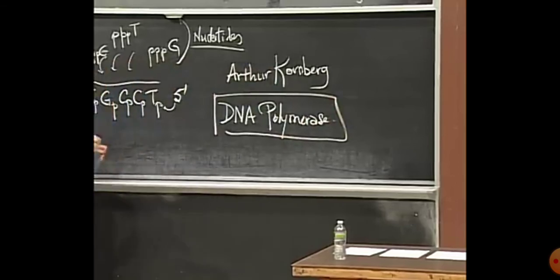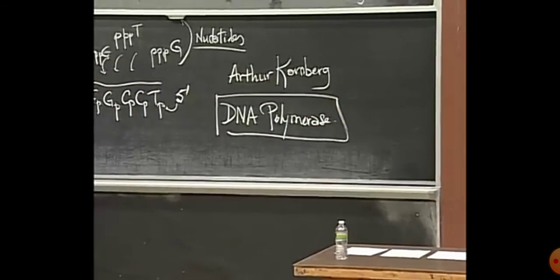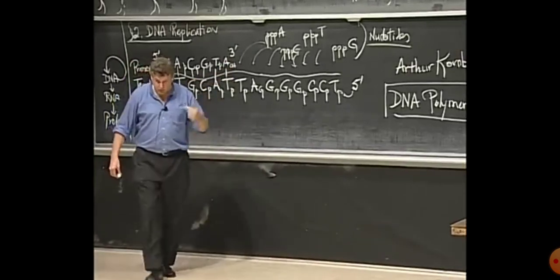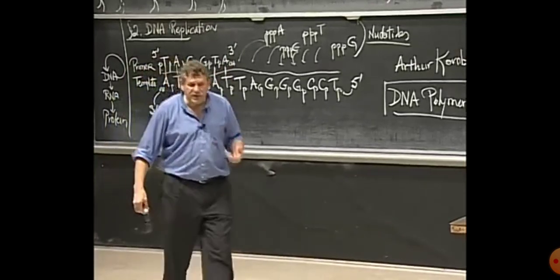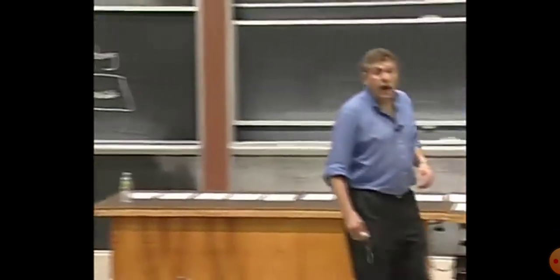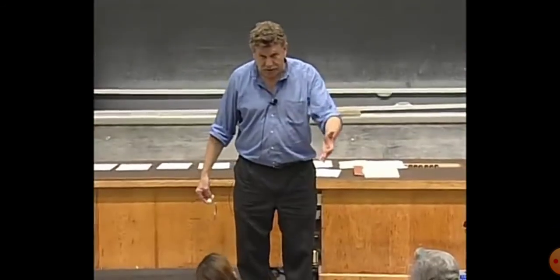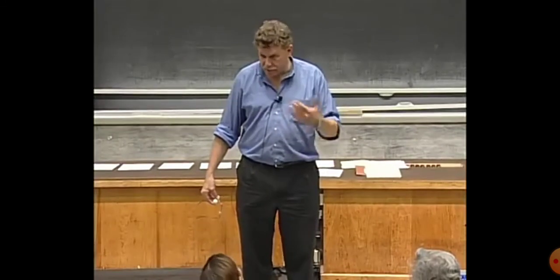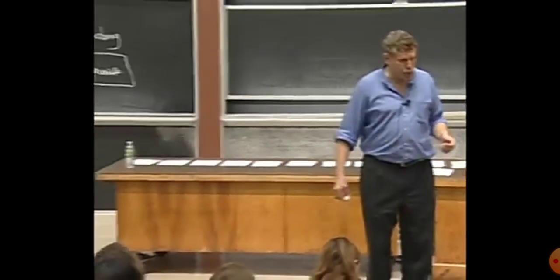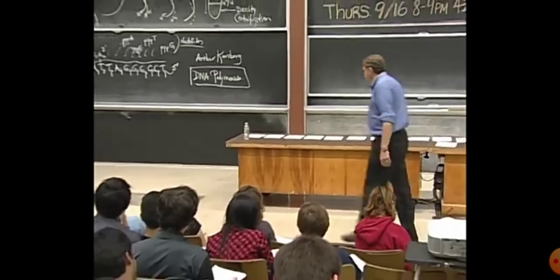Now, notice what it does. It takes this triphosphate, puts it in here, and it joins it into a sugar phosphate chain. Where does it get the energy for that synthesis? Hydrolysis of the triphosphate, right? It's the hydrolysis of the triphosphate. That's the energy. What direction is the synthesis proceeding?